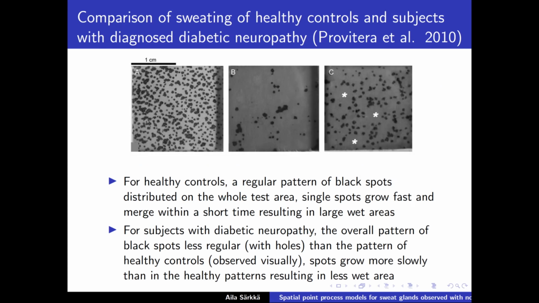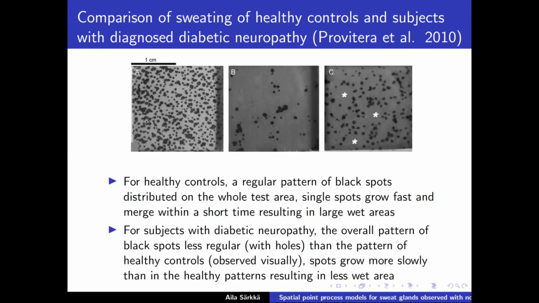So the hypothesis was that these neuropathy patterns are not independent thinnings of the healthy pattern, but something else is going on, that the sweat glands activate in groups or something like that. Also, if they look at the amount of sweat, they saw that these sweat spots of a neuropathic patient are growing much slower, and there is not as much wet area.